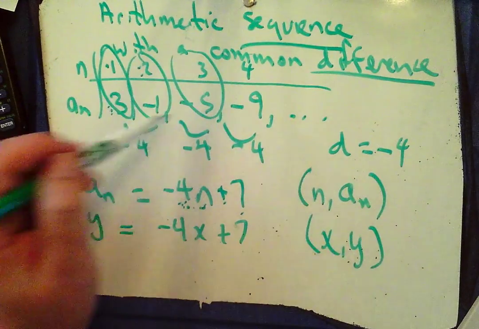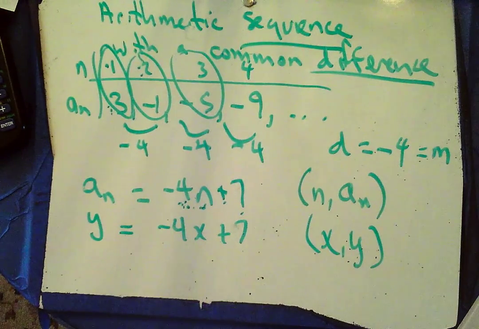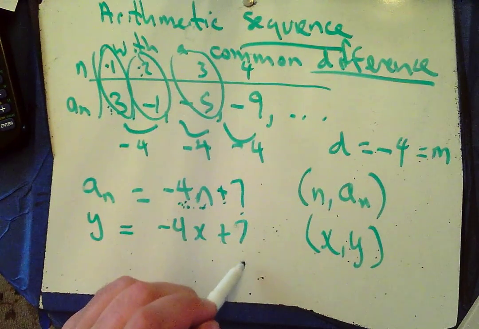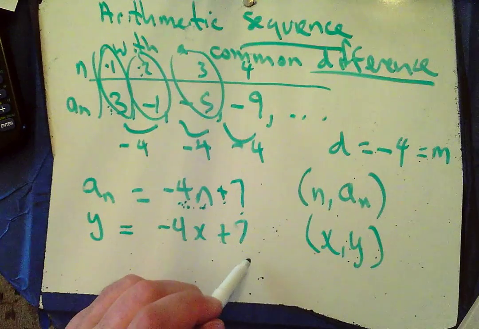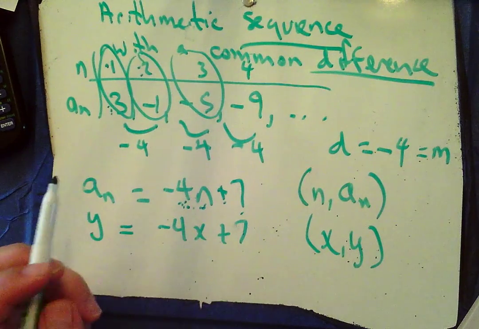And this d that we found is just the slope m. The amount that we add or subtract to make it work, that's our b value in y equals mx plus b. So we've got a lot of familiar territory here.